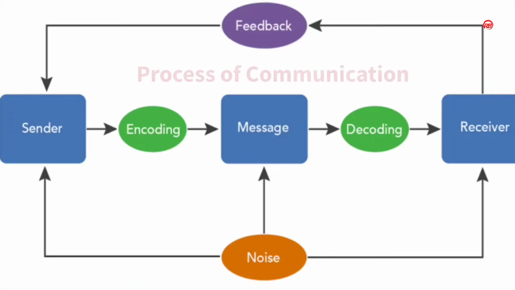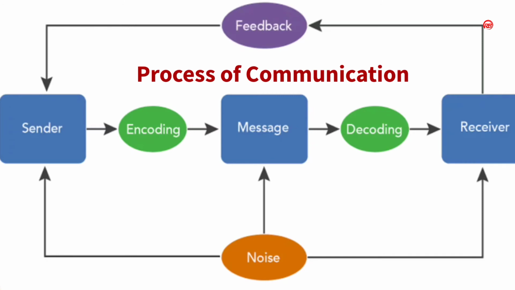So we can use these kinds of symbols while making a flowchart. And here I have given you a simple example, the process of communication. Actually, this is the flowchart for the process of communication. Here I have used sender, encoding, message, decoding, receiver, noise and feedback.